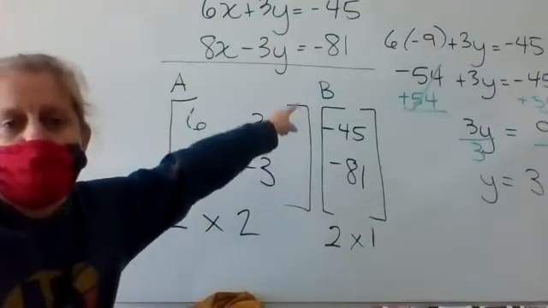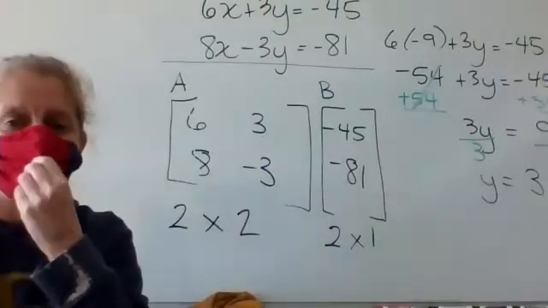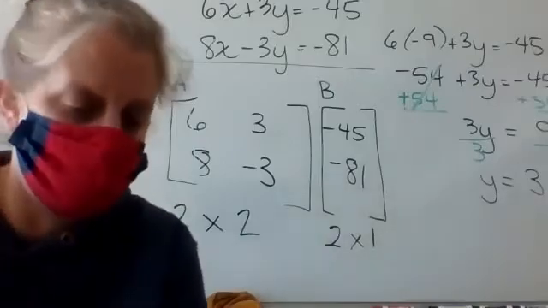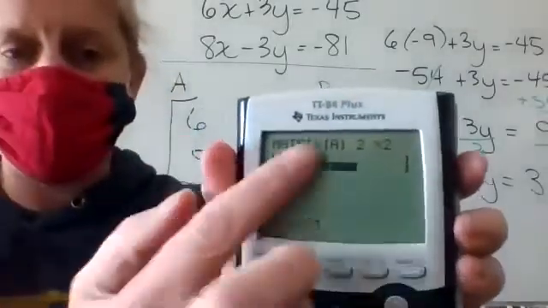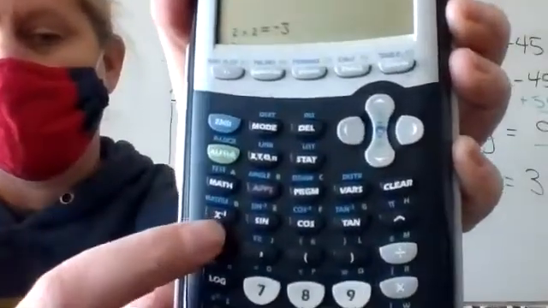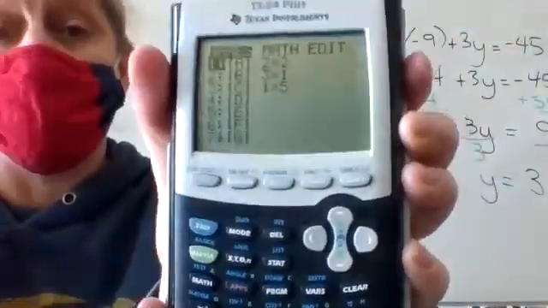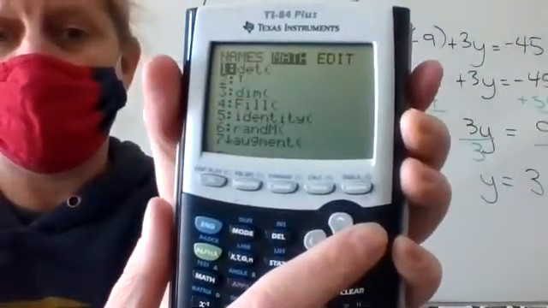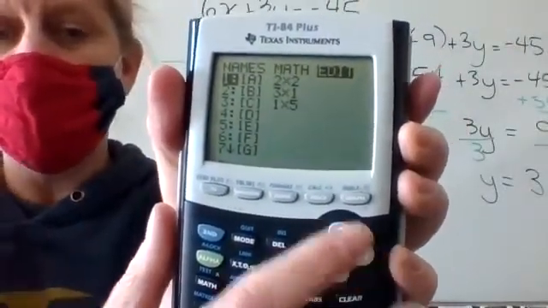Now I need to create the matrix B that goes with this problem. So again, I'm going to make a new matrix. I want to go to matrix B. So hit second, matrix. I'm still creating. I want to make a new matrix, so go over to edit.